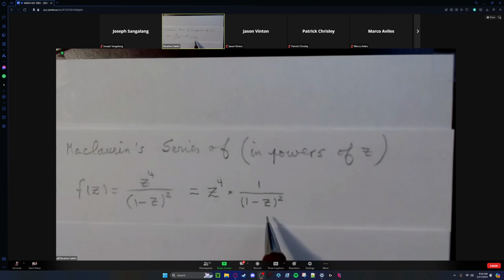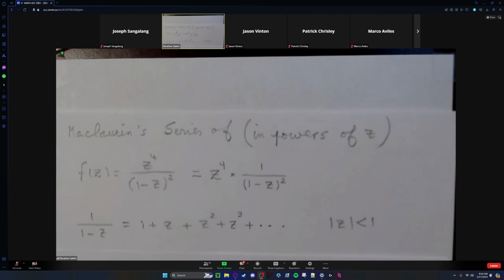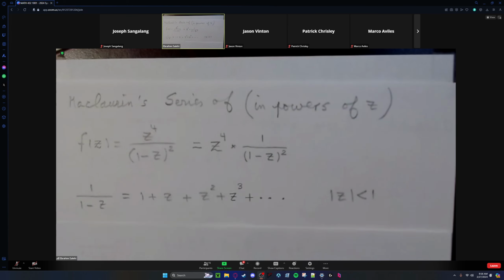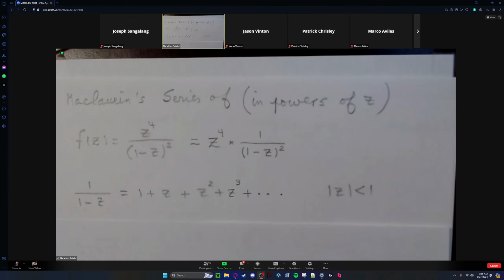Well, doing a shortcut again. I already know the geometric series, and the geometric series converges absolutely when modulus of z is less than 1, which means inside the unit disk, this is a continuous, beautiful function, has derivative, has integral, whatever, all right?